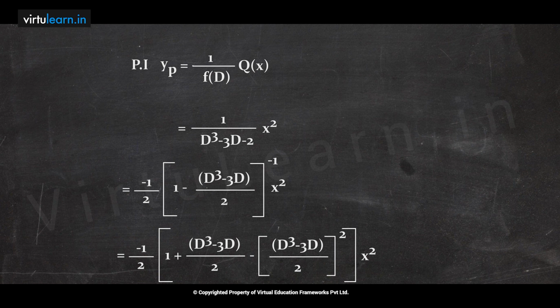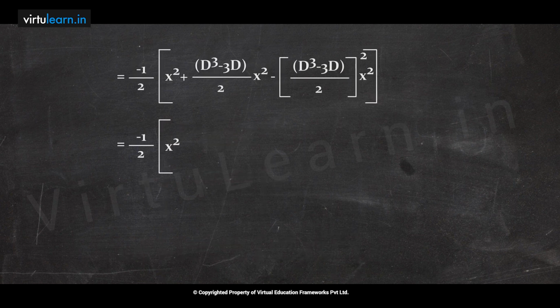Now I am doing it directly: x square, D cube of x square is 0, minus 3 by 2 into D of x square, which is 2x. Capital D is nothing but differentiation with respect to x, so D of x square means 2x.